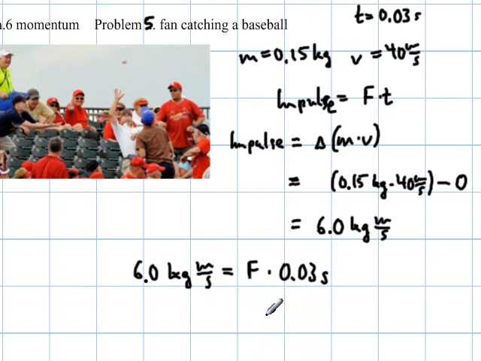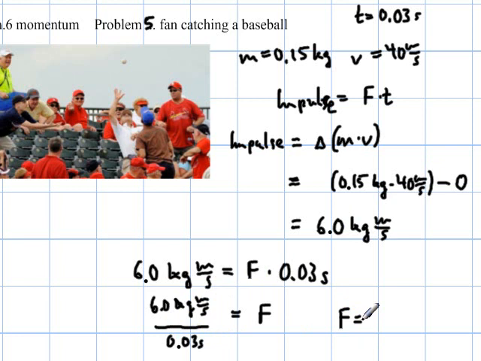I would have a force equals 6.0 kilograms meters per second divided by 0.03 seconds, and therefore I come up with 6 divided by 0.03.